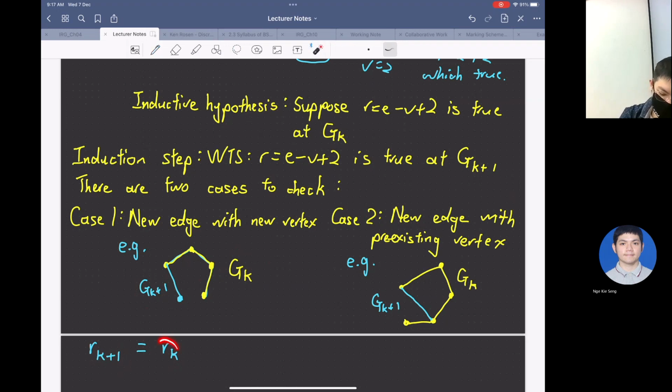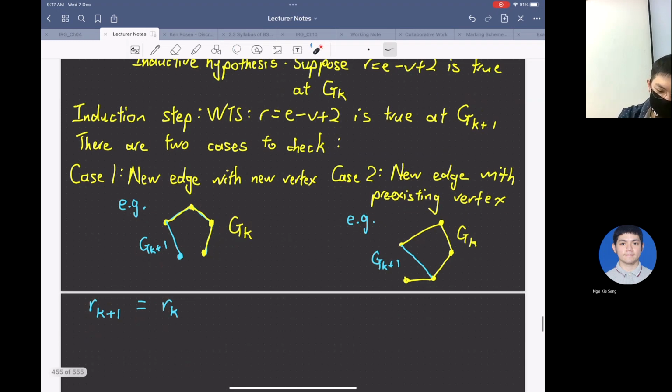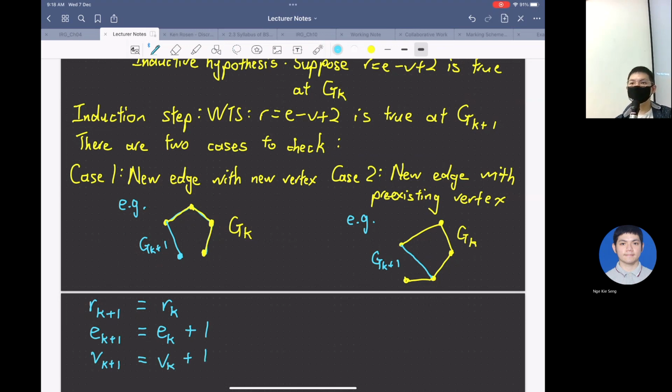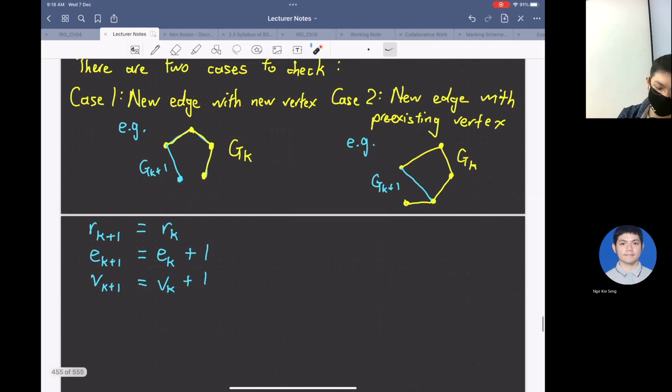And EK plus 1 is equal to EK plus 1, and VK plus 1 is equal to VK plus 1 as well. Agree? Remember, we want to show that R at the GK plus 1 stage follows this formula, right? So let's check.